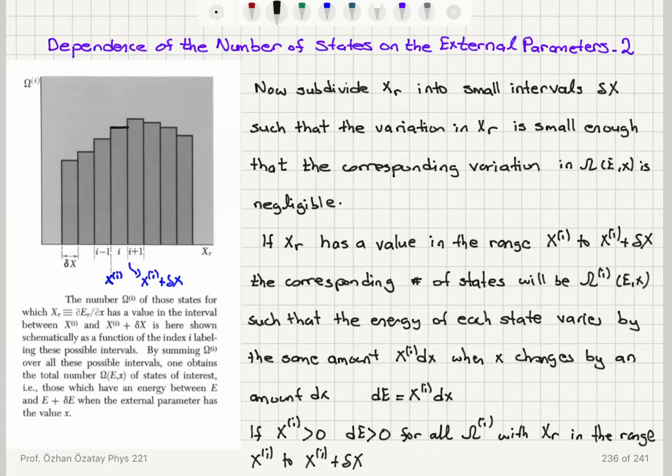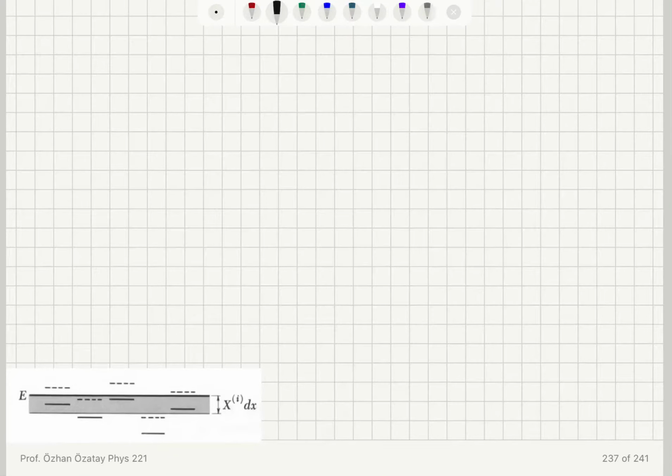Okay, so the states that are in this interval will be shifting upward if xi has a positive value. So we will find that the energies of such states will change by the same amount dE, which is xi dx.